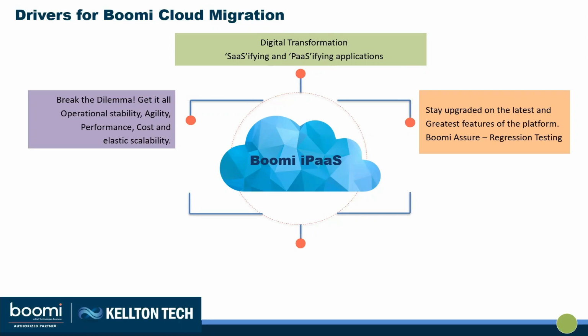So Boomi has something called Boomi Assure, and Boomi Assure is a kind of unique capability that Boomi offers, using which a customer can submit their test cases and test data to Boomi when they are actually testing a specific integration. And these test cases will be used by Boomi to execute before actually pushing those changes onto your environment.